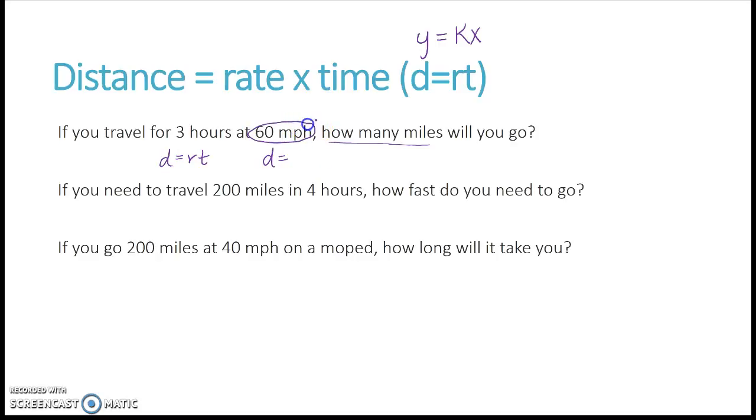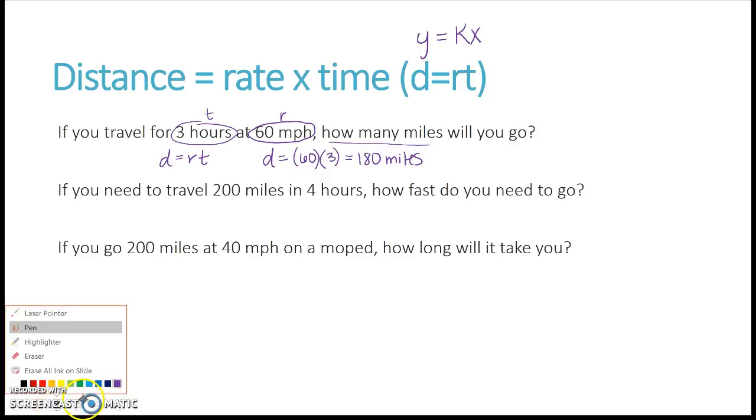So 60 miles per hour is my rate. So 60 times 3 hours. That's going to be my time. So 60 times 3 is 180. So they traveled for 3 hours at 60 miles per hour and they went 180 miles. Easy peasy, right?